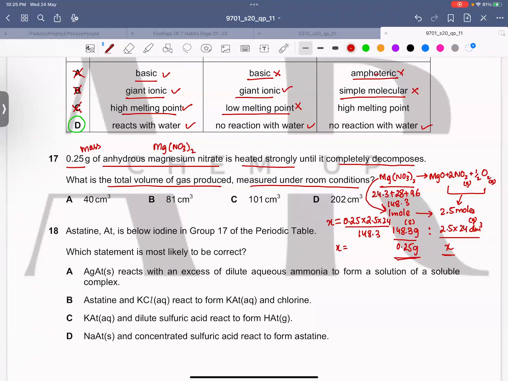So tell me in decimeter cube, because the first answer would be in dm cube. It would be 1.01 exponent. Yes, what is the value?